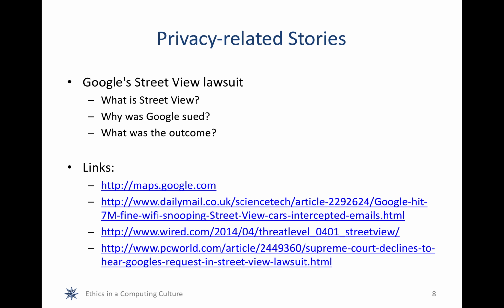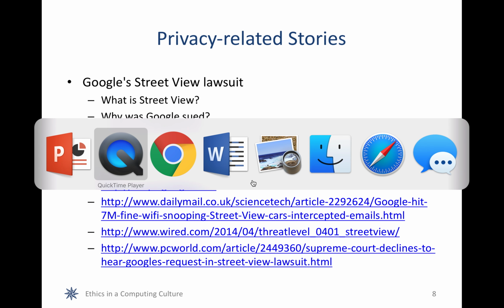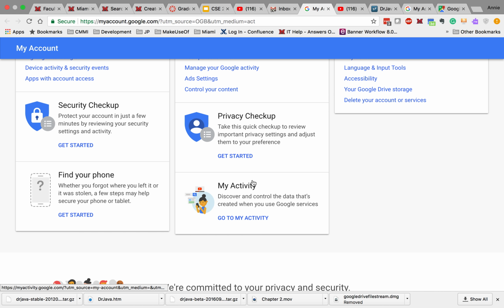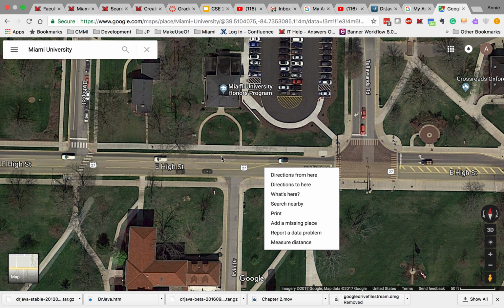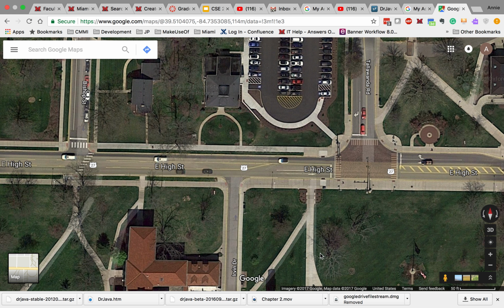And basically, if you're not familiar with Street View, I'll just hop out here, and you should be. This is Street View of Miami University, so this should look pretty familiar at this point. This is just High Street, the Honors.